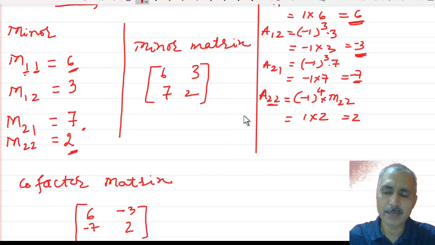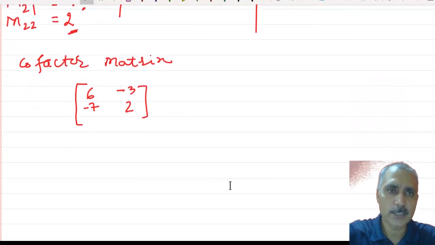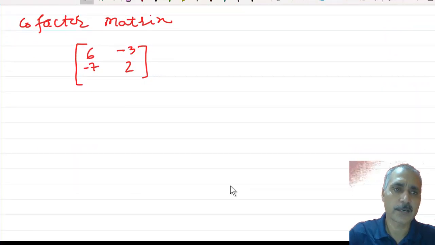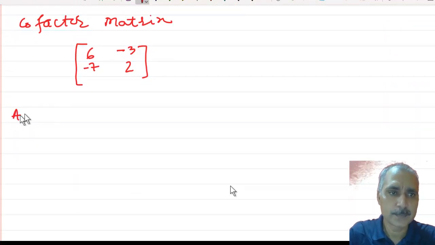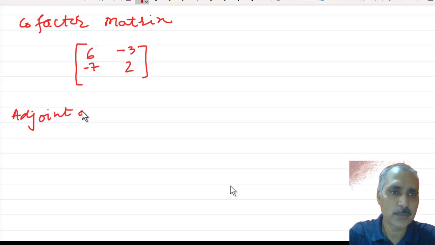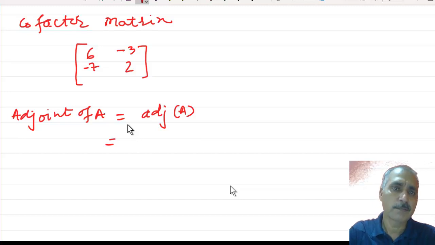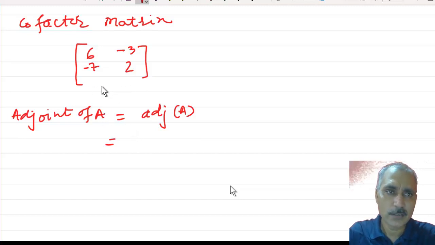Now if we have to find out the adjoint matrix, the adjoint is the transpose of the cofactor matrix. If we have a given matrix A, then I will write the adjoint of A in short form as adj A. That will be the transpose of this cofactor matrix.